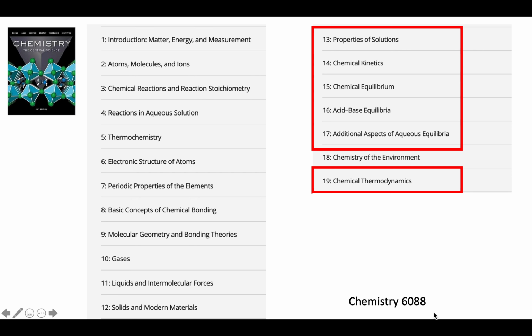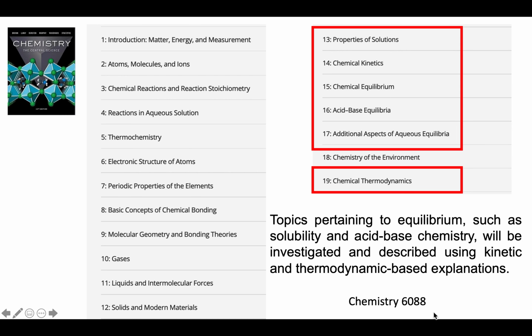So within Chem 6088 here, the topics that we're going to be taking up are those found in chapters 13 through 17, and then also the thermodynamics. And remember, we want to look at these and connect the topics of equilibrium to the explanations that we can provide using kinetics and thermodynamics.